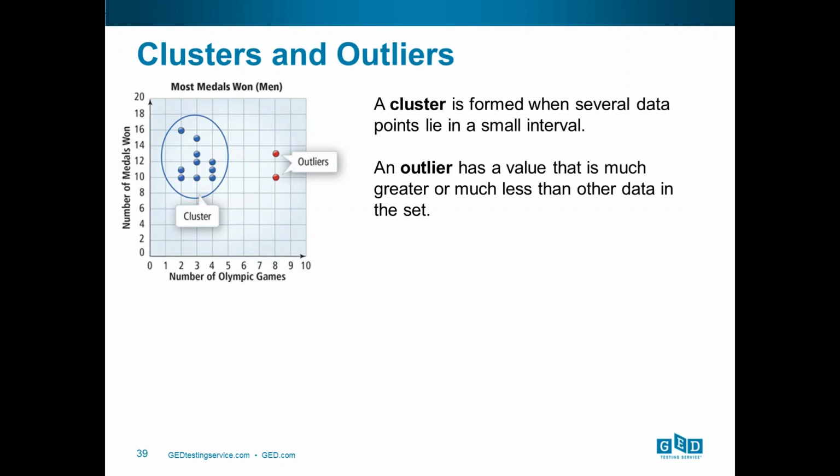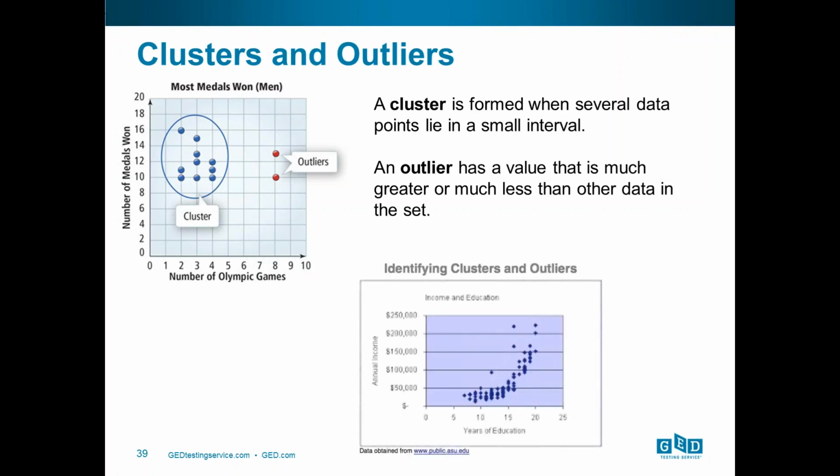Lots of data points in a very small area, a cluster, but then sometimes there's just something that's way out there. You know, when I look at the number of medals that Phelps won, he was definitely an outlier for the Olympic Games. Absolutely. That makes sense to me, and if our students can do some of that, it will make sense to them too. Can you see any outliers here, Susan?